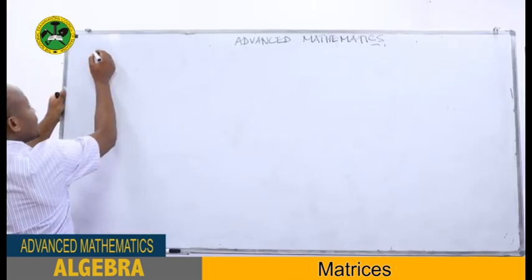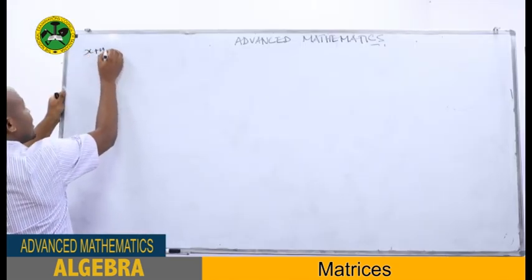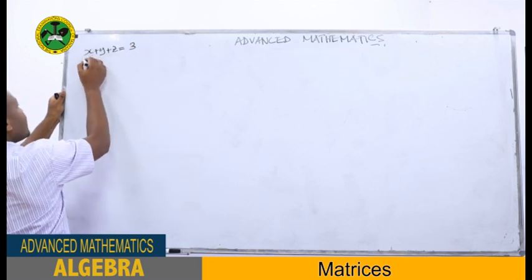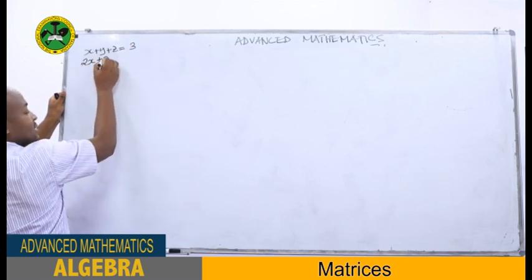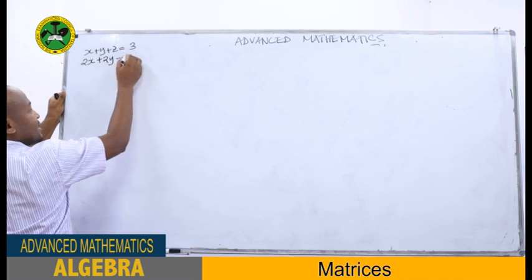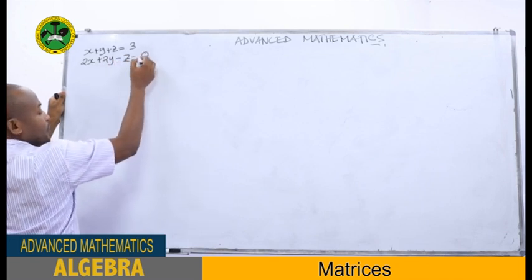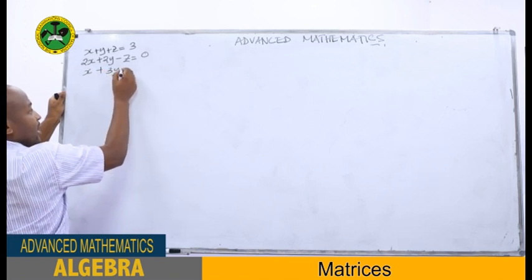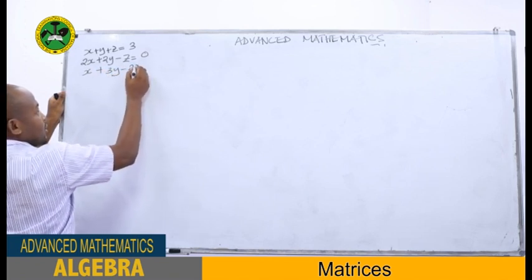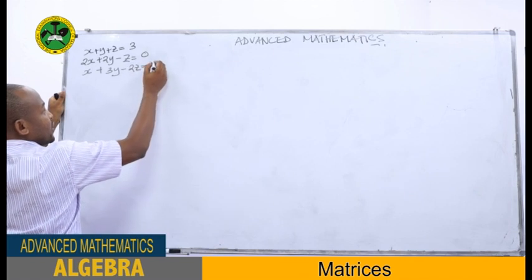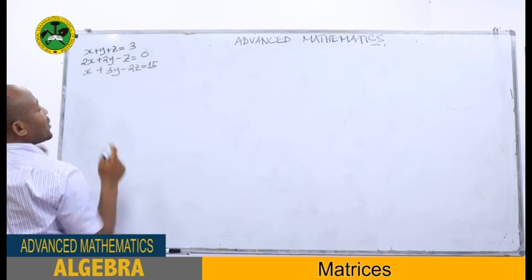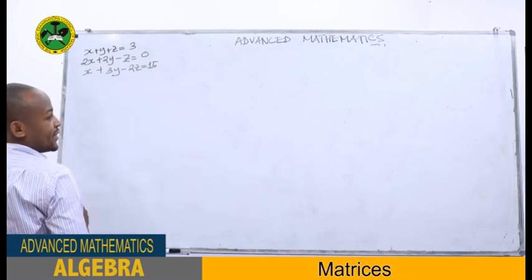We are given x plus y plus z equals 3, 2x plus 2y minus z equals 0, x plus 3y minus 2z equals 15. Why have I decided to write a z like that? Because I don't want to confuse a z and a 2.